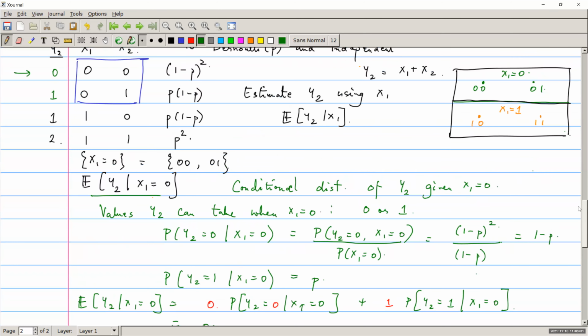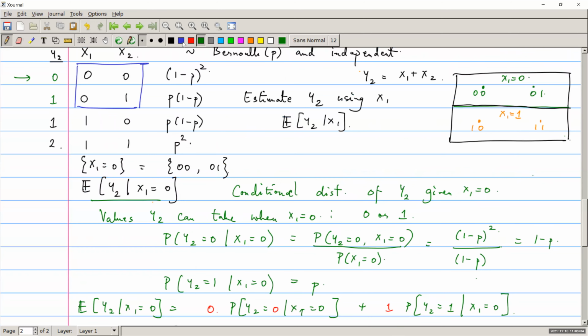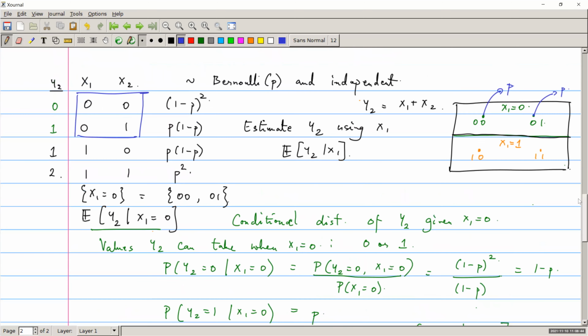So this means that when x1 is 0, the conditional expectation of y2 given x1 equals 0 is p. That means that in this picture, the conditional expectation random variable assigns to this point the value p, and assigns also to this point the value p. Here I'm writing a third random variable: the conditional expectation of y2 given x1.